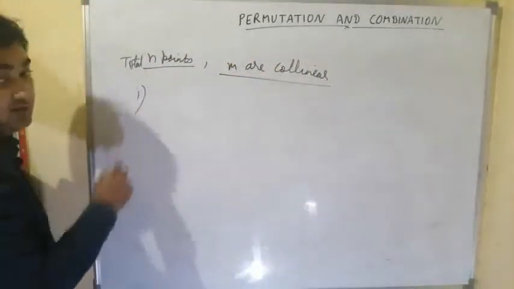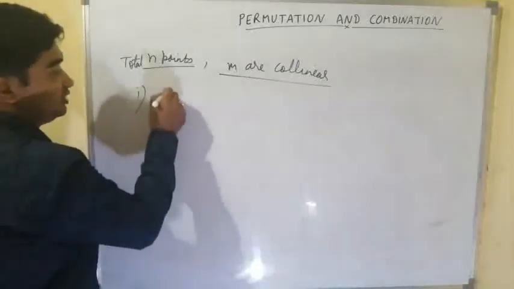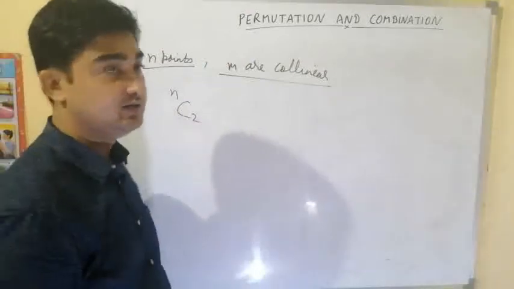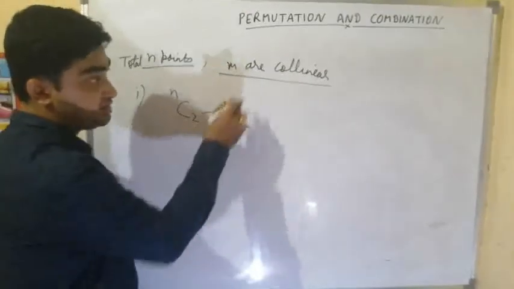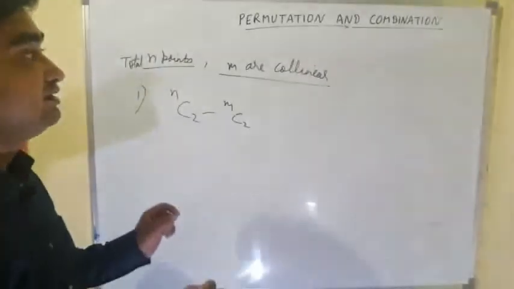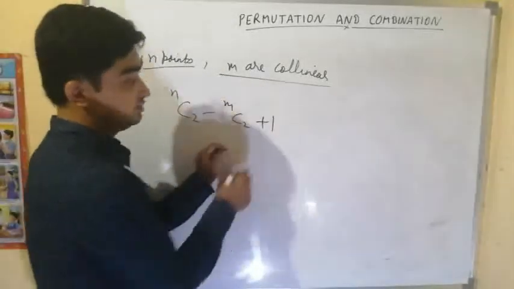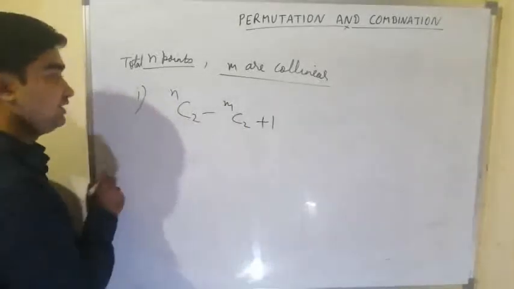Then how many lines can we make? Total number of lines is nC2: take any 2 points, join them, we get a line. But minus mC2, because m are collinear. M collinear points would give mC2 lines, but actually we get only one line. So minus mC2 plus 1. This is the number of lines we can make.